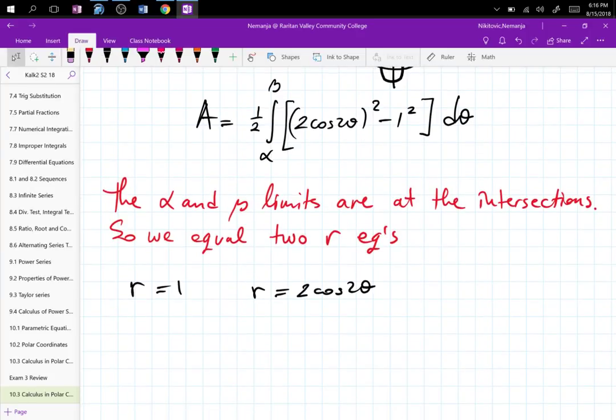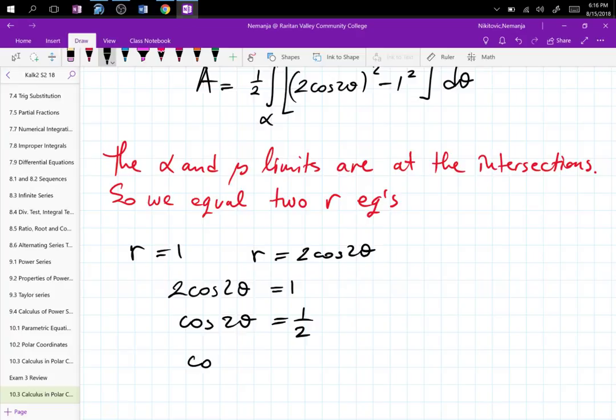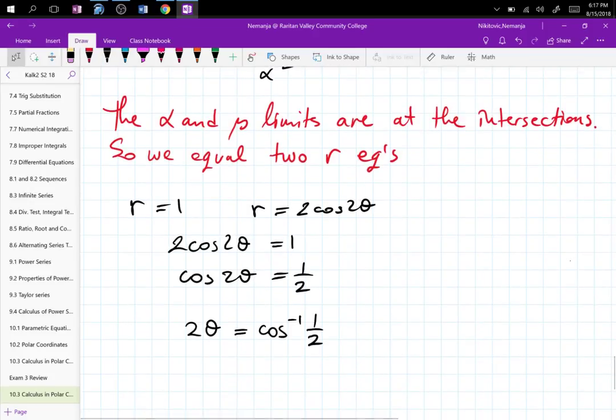So now, what I get is 2 cosine 2 theta is equal to 1. Cosine 2 theta is equal to 1/2. So from here, 2 theta is equal to inverse cosine of 1/2.